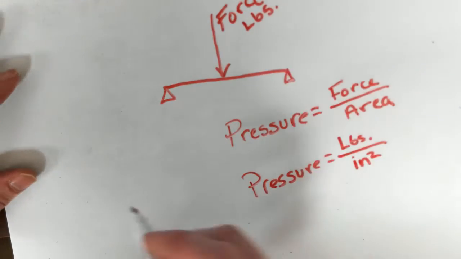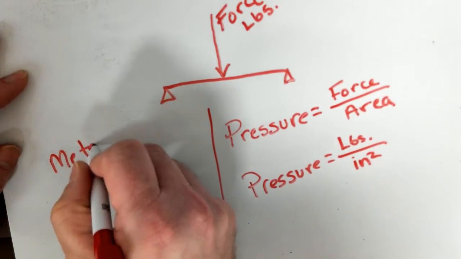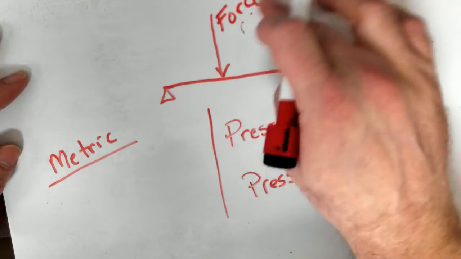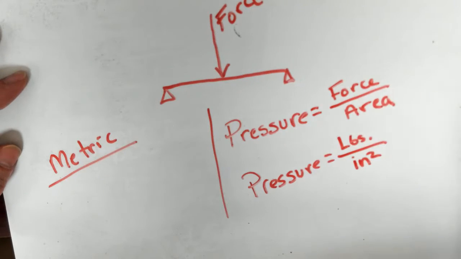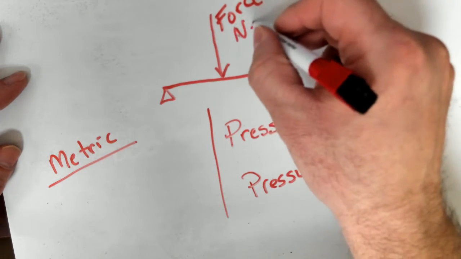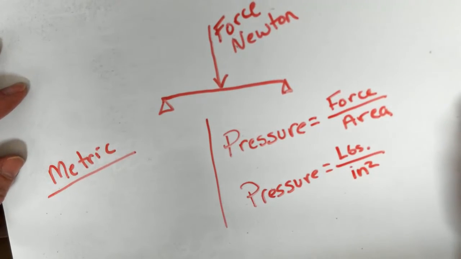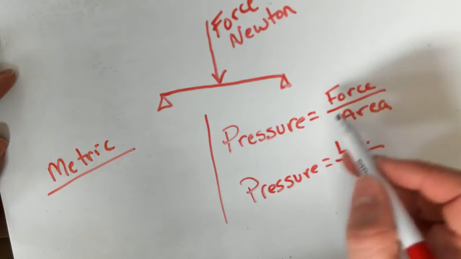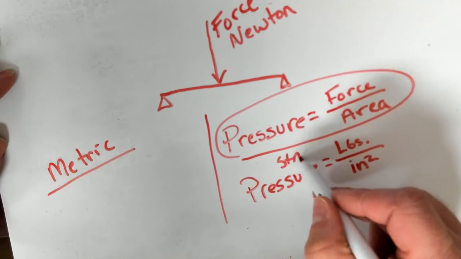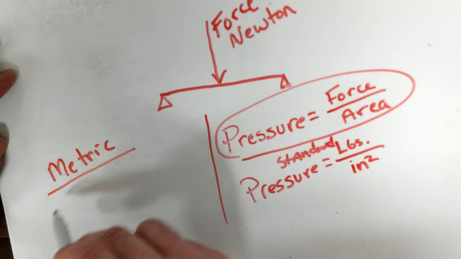Well, on the other hand, metric system, the force that's applied on the metric system is called a Newton. Okay? So when you use the same formula, this is standard, this is metric.